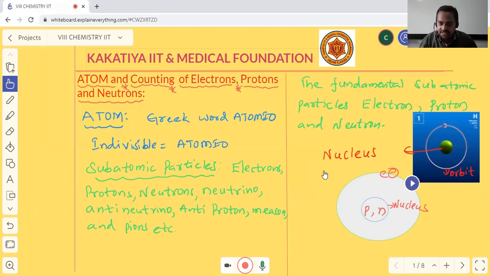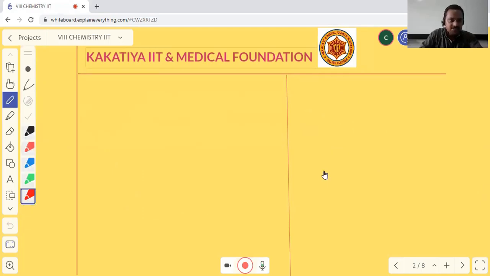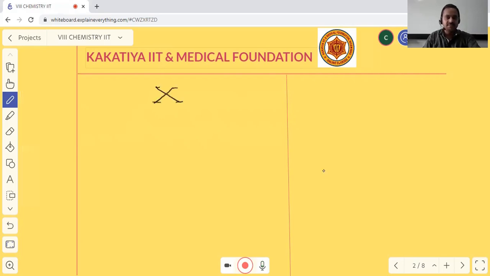Next, we will see how we represent the symbol of an atom or ion. For example, X is the symbol of an atom.